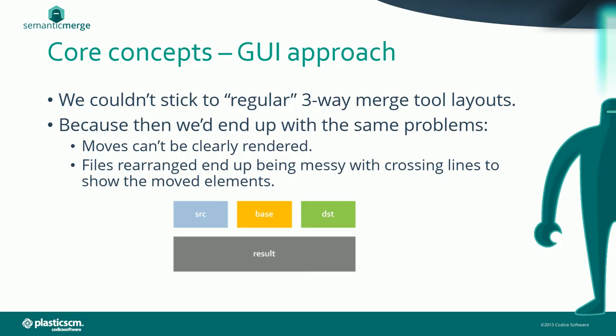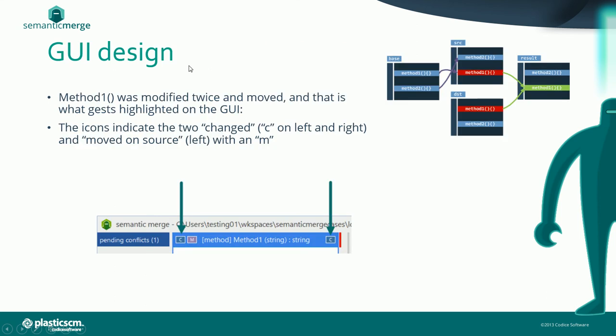If you look at the GUI in SemanticMerge, you see it's not a regular three-way merge tool. Normally the layout for a three-way merge tool is something like this. You have the three contributors and the result, or maybe the result is just the same as the base. But the type of conflicts we can handle are not easily rendered this way. So we came up with a completely different way to handle the conflicts. In fact, the GUI design looks something like what you see on the screen.